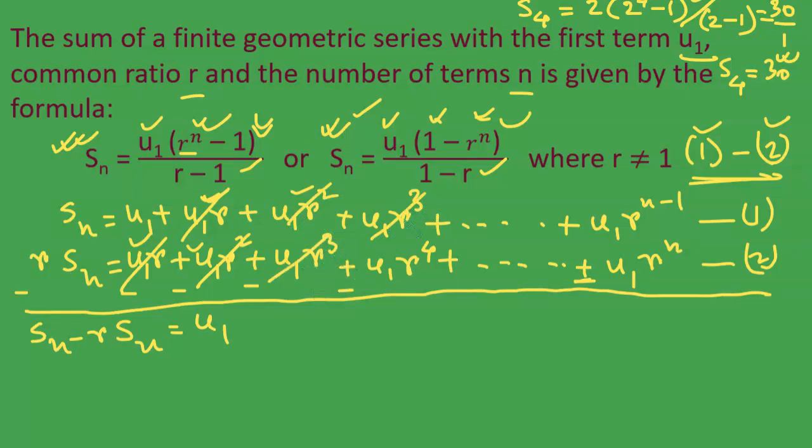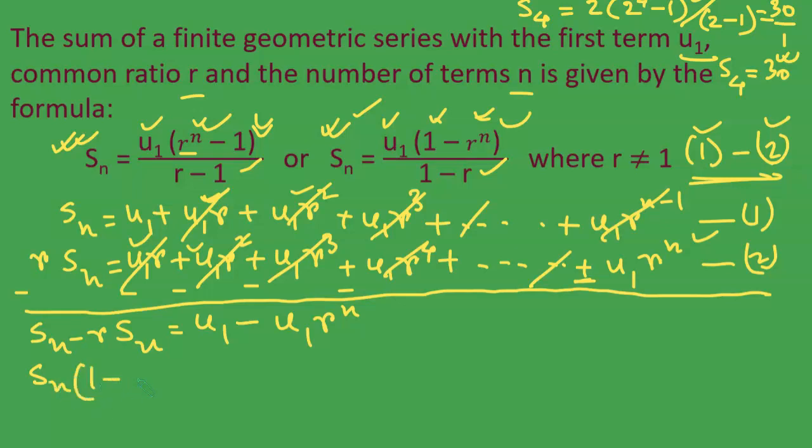This will be continuing, and these two will also be getting cancelled. So we will be having only the first term and the last term from the second equation. It will be U1 minus U1 R to the power of n. And I can take Sn common.